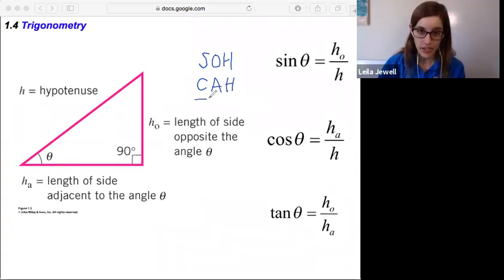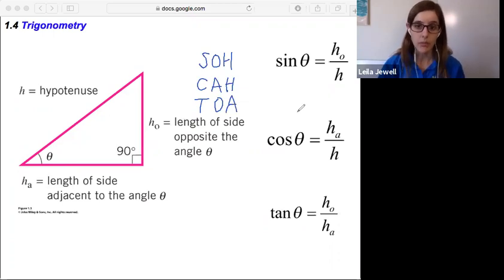And then our last one is tangent, and that one does not involve the hypotenuse. It involves the opposite side and the adjacent side. And it is the tangent of the angle is equal to the opposite side divided by the adjacent side. So that's where the TOA comes from. And so that describes these three formulas.